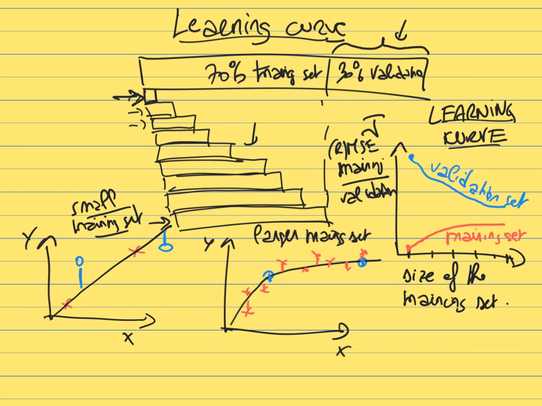That being said, different models will have slightly different shapes for the learning curve, and based on this you can understand what is the key limiting factor, the key bottleneck of the model. So this is what we are going to talk about now: if you take a given model and calculate its learning curve, how can you read the learning curve as a diagnostic of what is going wrong within the model.